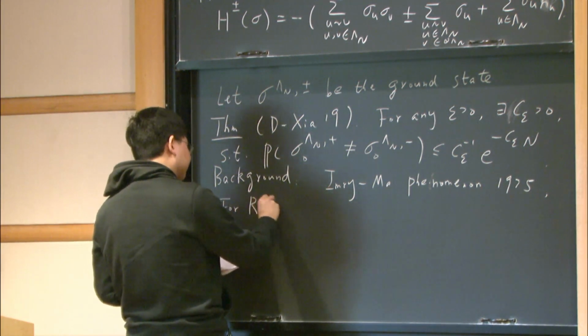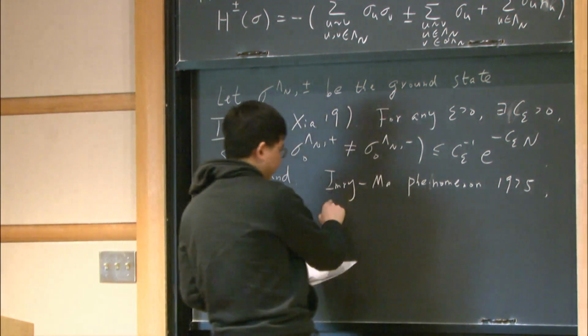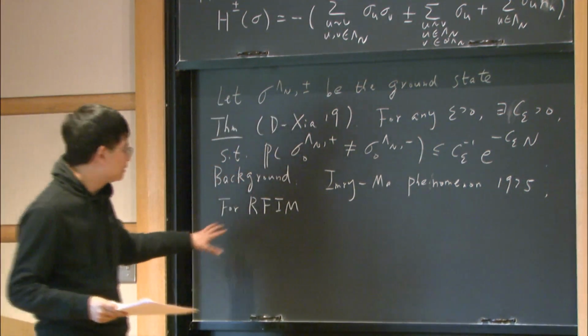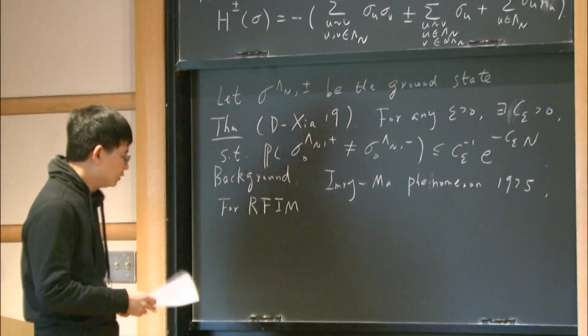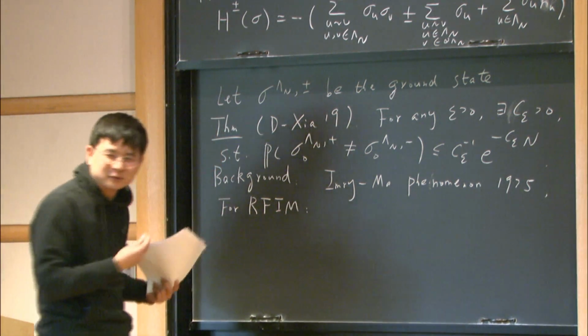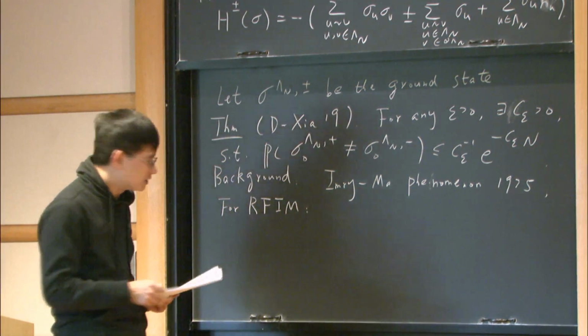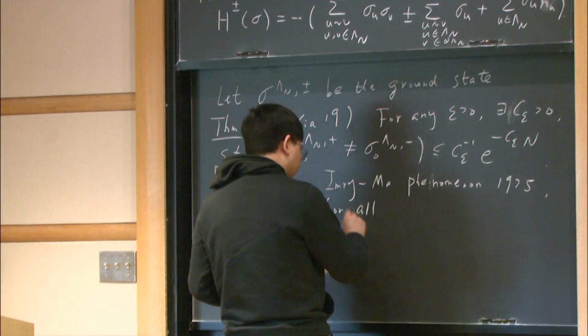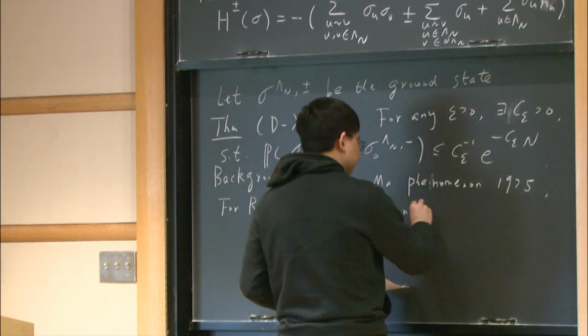Let me focus on the random field Ising model. The Imry-Ma phenomenon is more general, but let's just talk about the Ising model today, in two dimensions. I don't want to discuss too much of the literature, and all the previous work works for all non-negative temperatures.